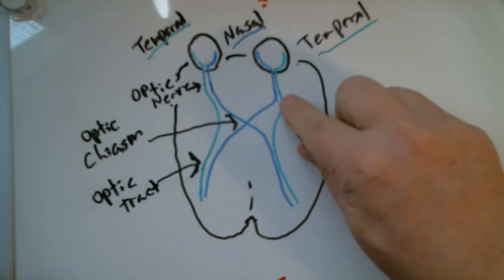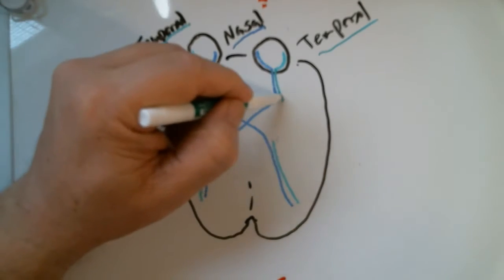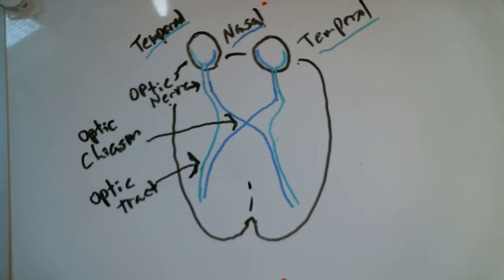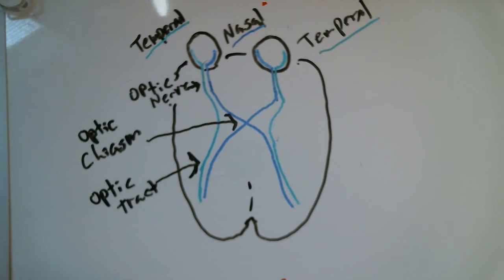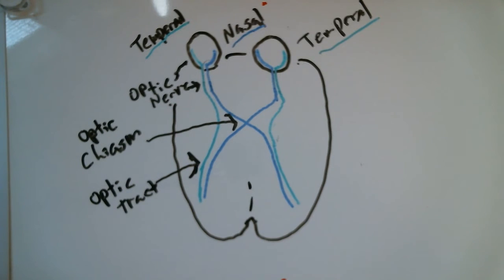Let me draw this a little bit better, just so you can see that. Okay, so here we've got the eyes, and I've drawn the neuro pathways from the eyeball to the back of the brain, near the base of the brain, where the vision center is.